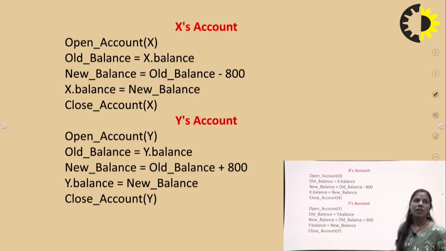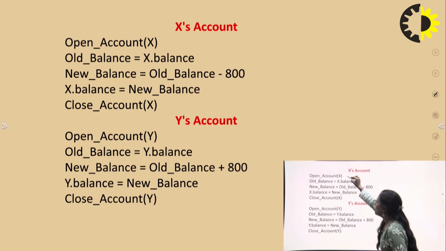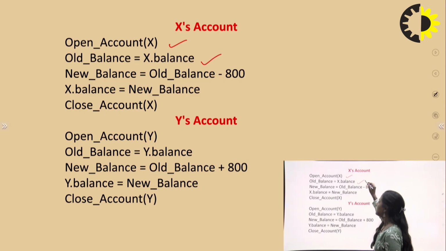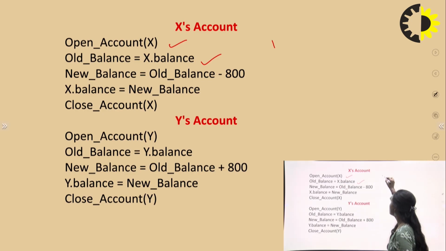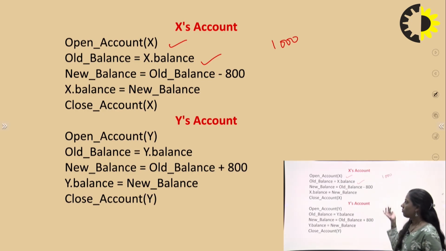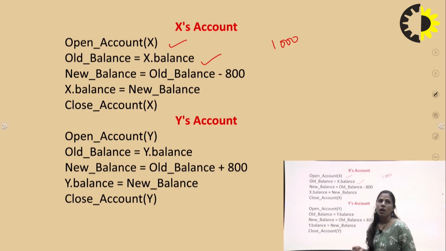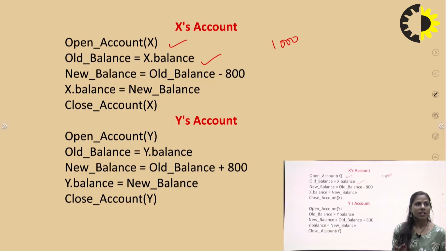First, we have to open the account of X, then we have to fetch the balance. That will be called the old balance. For example, it has 1000 rupees as the old balance. Now, if the person is transferring some amount, it will be deducted and the result goes into the new balance.